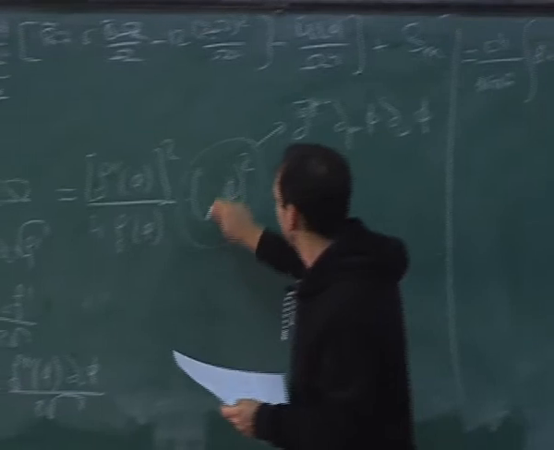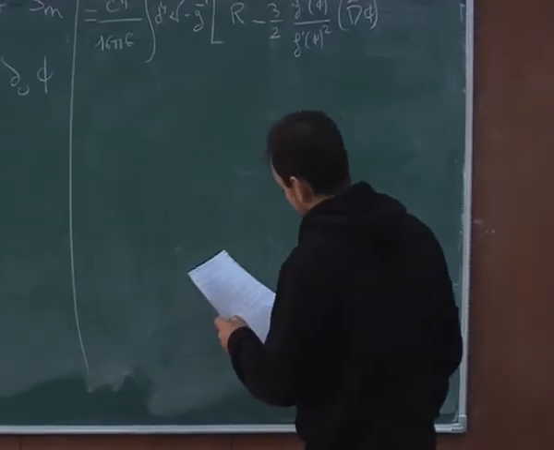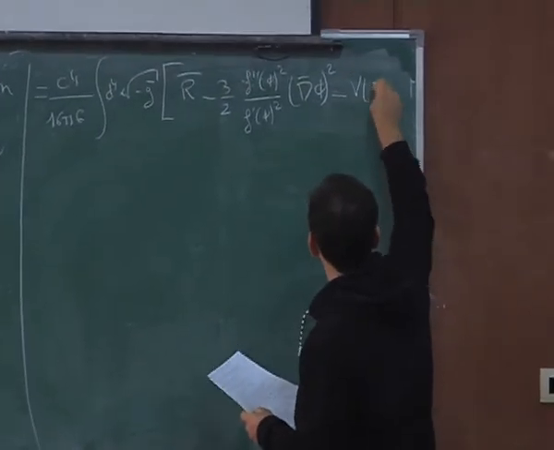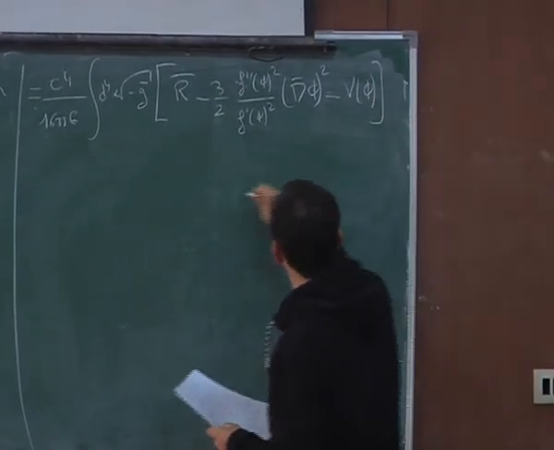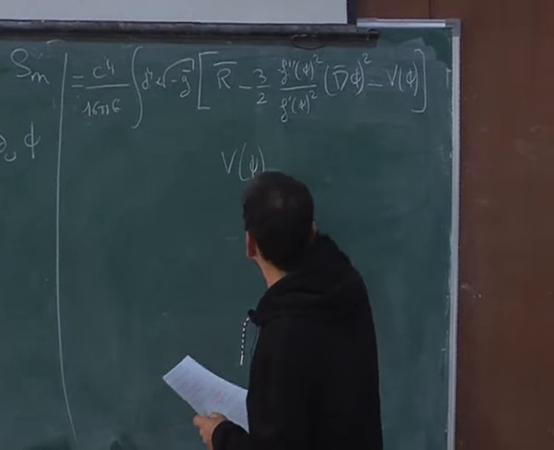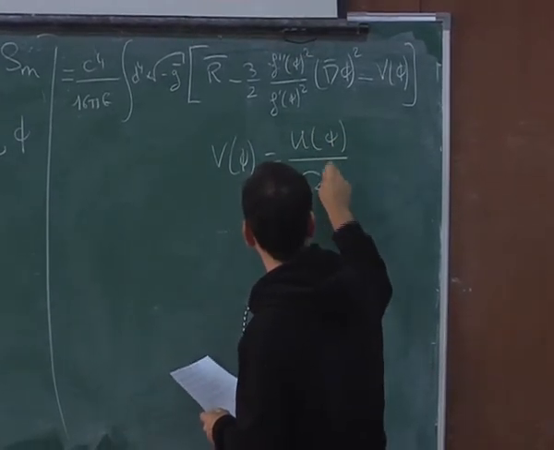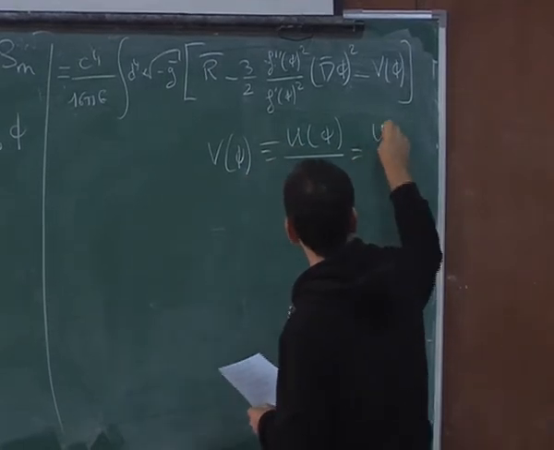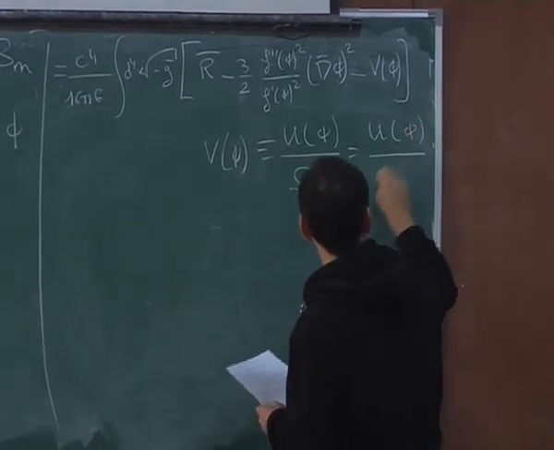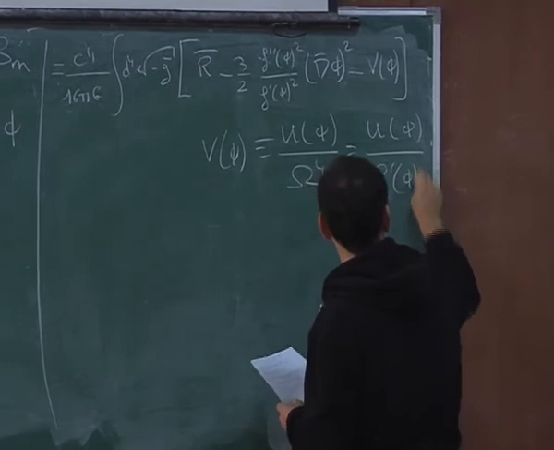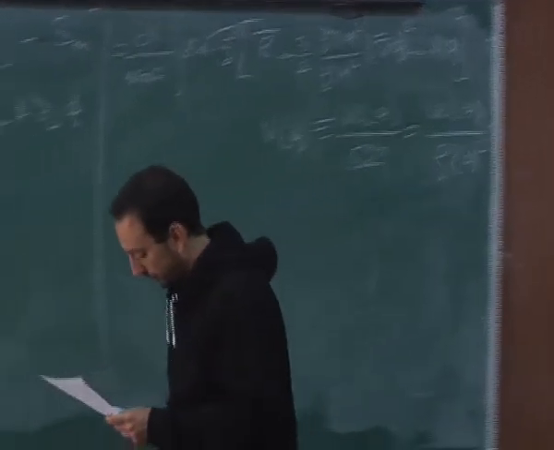I should write it like this, and minus the potential. The potential V phi is the potential we had before divided by omega 4. So it's just this.